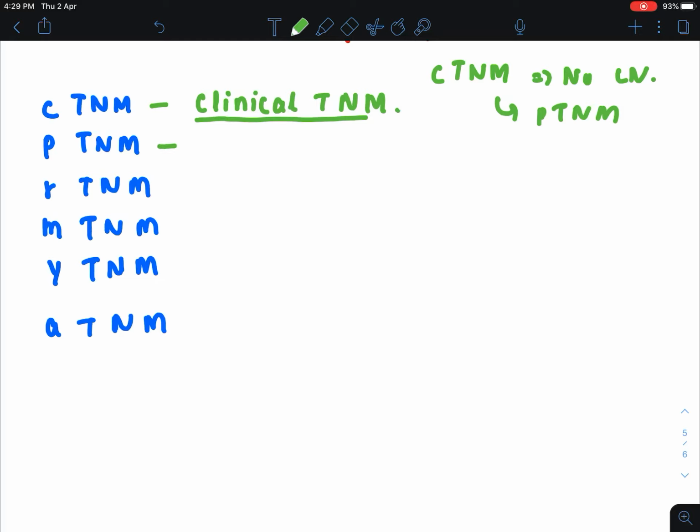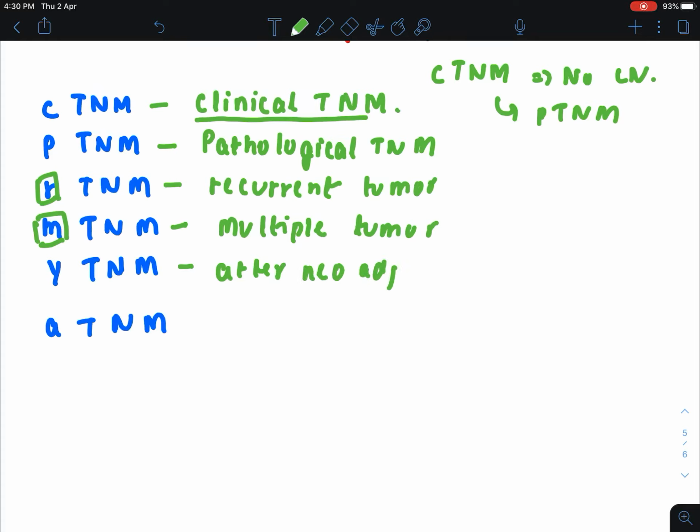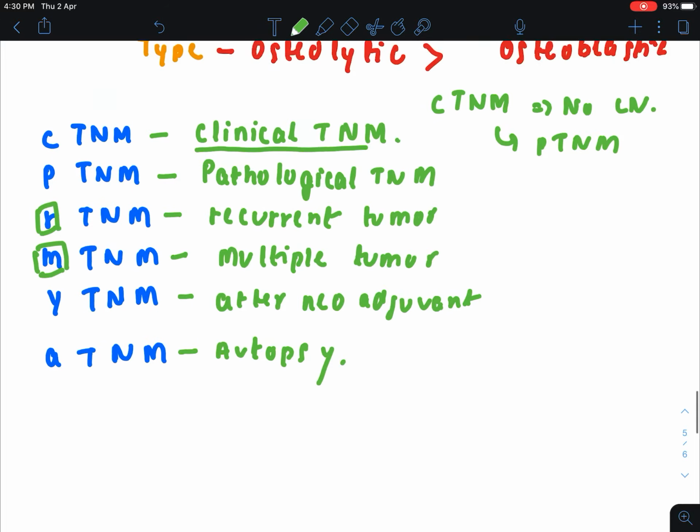Here pTNM represents the pathological TNM. Here r represents the recurrent tumor, m represents the multiple tumor. r does not represent radiological, it represents the recurrent tumor, and m represents the multiple tumor. y represents after giving chemotherapy, that is after neoadjuvant, and a represents the autopsy. Now we have completed with the TNM staging.